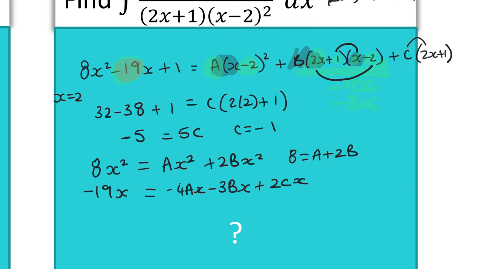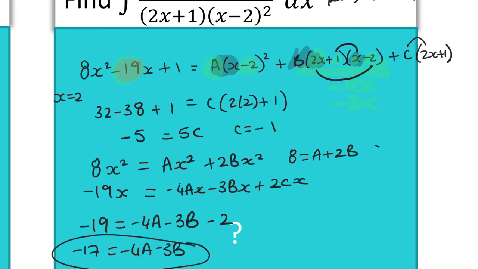Now I'm going to have minus 19 equals minus 4a minus 3b, and then for cx, we already know that c is minus 1, so this is going to be minus 2. So this is technically minus 17 equals minus 4a minus 3b. So I now have this equation and this equation, which I'm going to solve simultaneously.